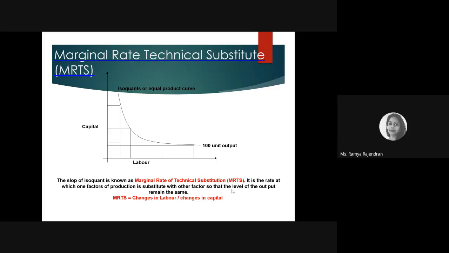Next is MRTS, which stands for marginal rate of technical substitution. Here we will try to understand the slope of the isoquant. It is the rate at which one factor of production is substituted with the other factor.